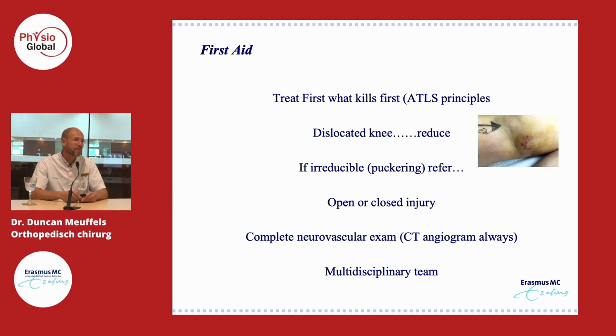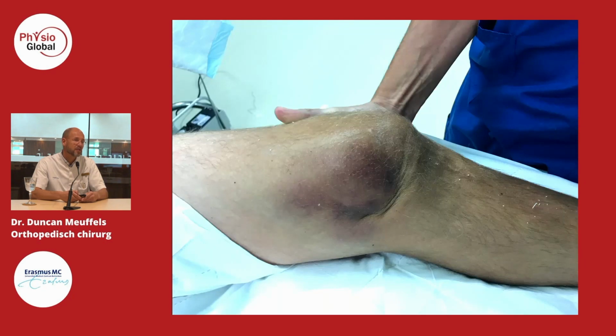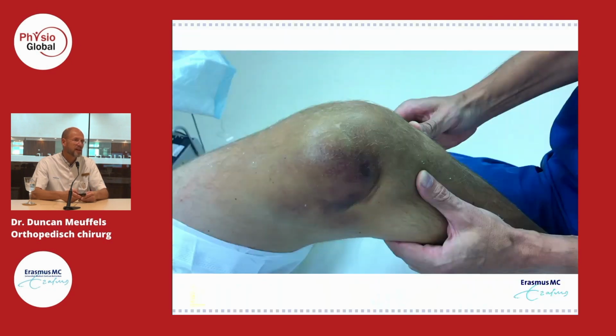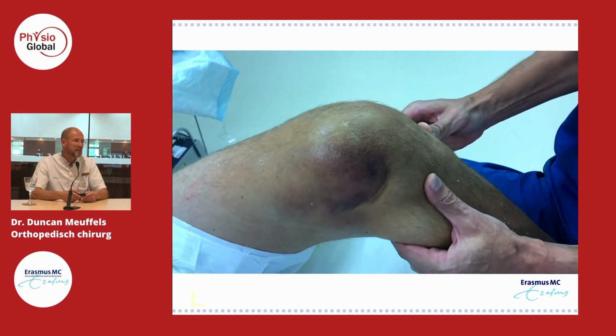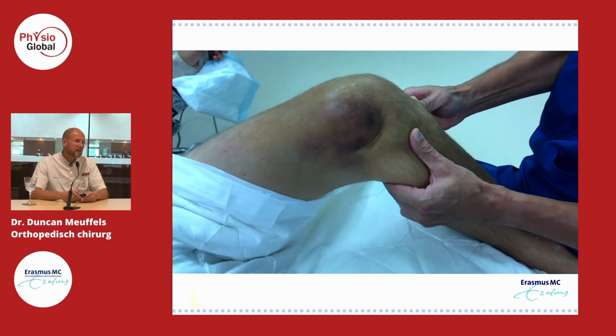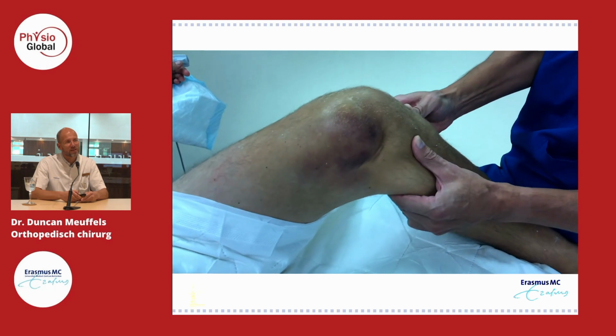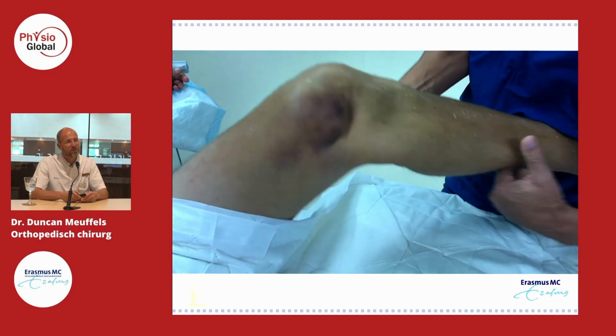So if you see this puckering where you see the knee, think about it, because if you look at it, the skin is attached to the capsule and it's inside. And if you move this knee, you can't reposition it. You see the posterior draw test, which is positive. The anterior draw test is positive.